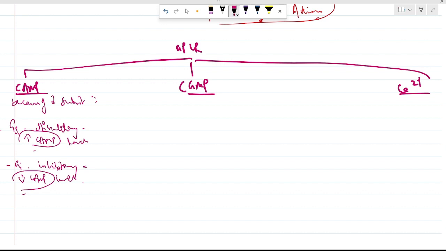Now cGMP acts through the third type of subunit, Gq. So Gs, Gi, and Gq, through which the cGMP acts. This Gq increases the calcium levels. Eventually it increases the calcium levels.